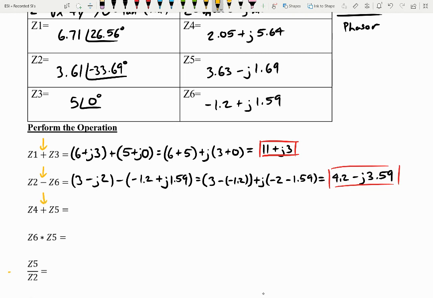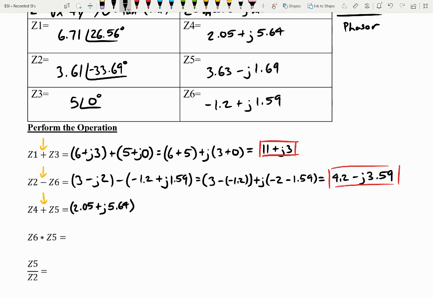Now, another one, we have another addition, so we're going to use the rectangular. So z4, we have 2.05, plus j5.64.